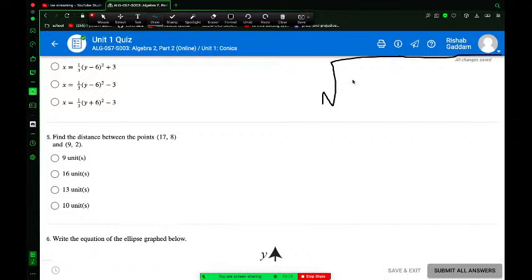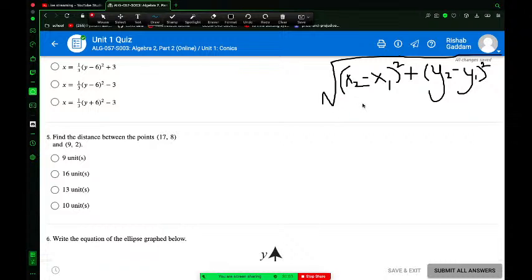The distance formula is x2 minus x1 squared plus y2 minus y1 squared, and this is all square rooted.